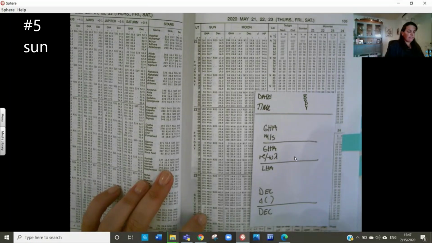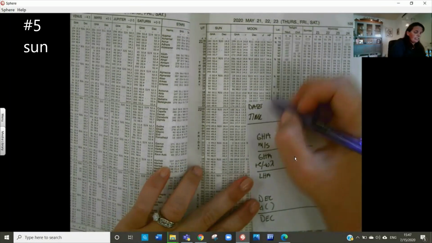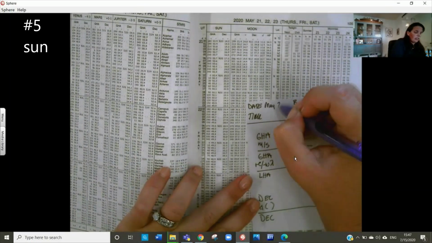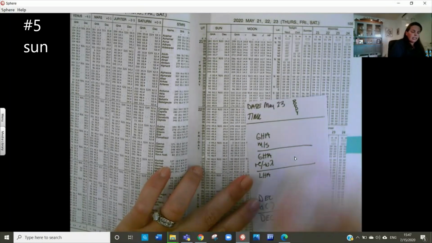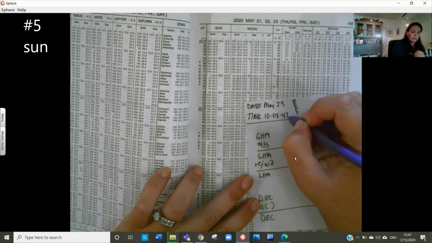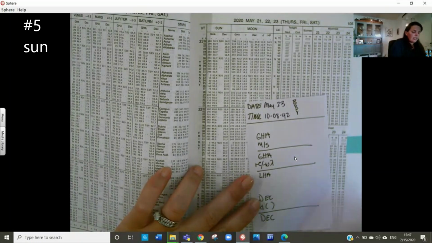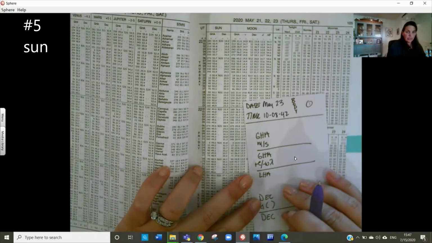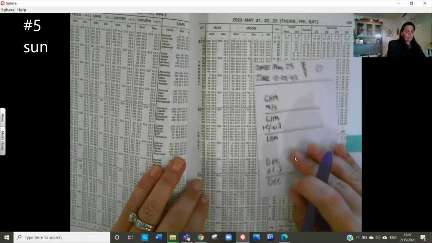Okay, so on number 5, we have a date of May 23rd at a time of 10:08:42, and we are observing the sun. Okay, so we want to get our information.